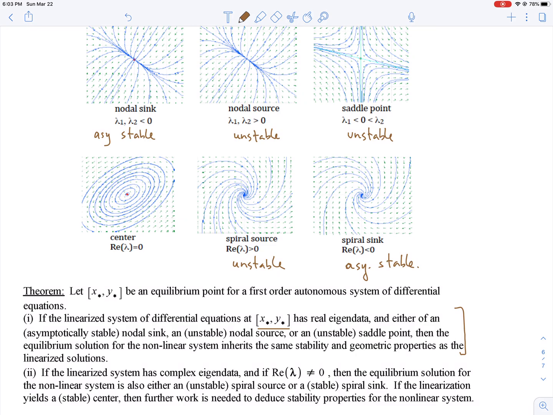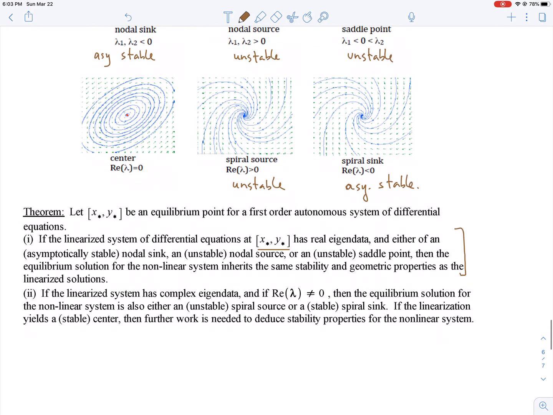The one case that you can't figure out from the linearization is where the linearization is a stable center. That happens when the real part of the eigendata for the Jacobian matrix is 0.